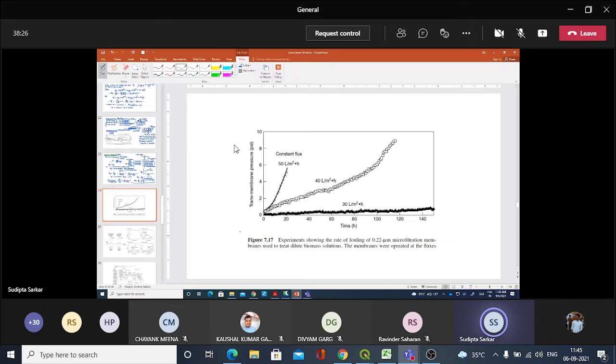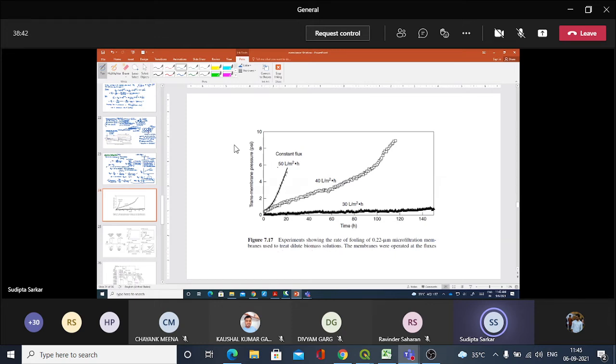This is a figure showing the result of an experiment for the rate of fouling of a 0.22 micron microfiltration membrane used to treat dilute biomass solutions.